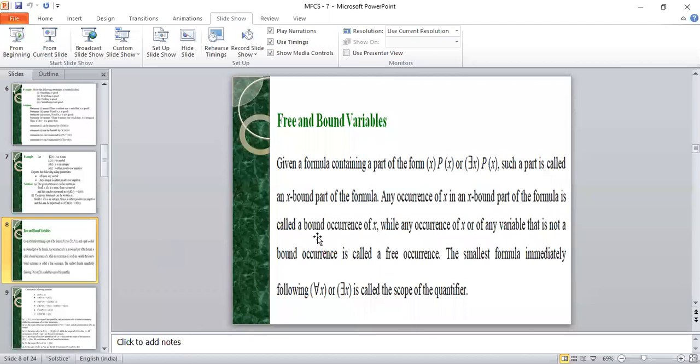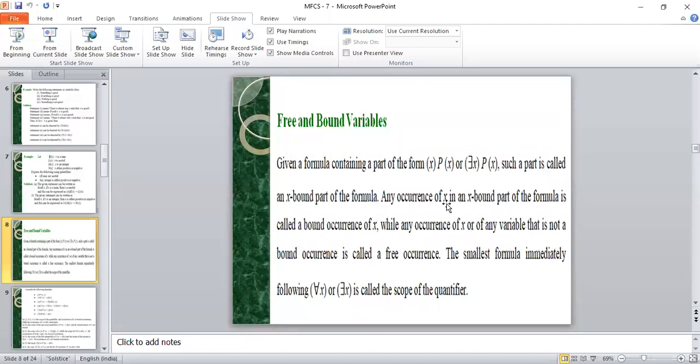Any occurrence of x in an x bound part of the formula is called a bound occurrence. So ఇచ్చిన ఫార్ములాలో for all x p of x or there exists x p of x in this part of the formula, x part ఏమంటాము అంటే x bound part of the formula.